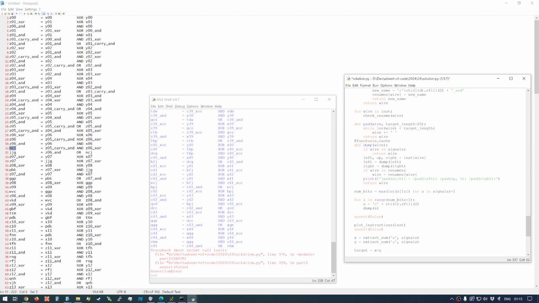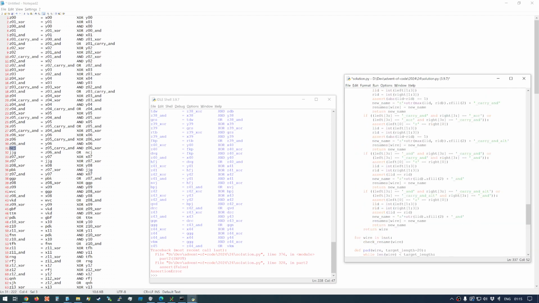And let's do 5 there. Oh, wait, the carry and is the last and. The last and is 5 x and y. So the carry and... This doesn't feel right.